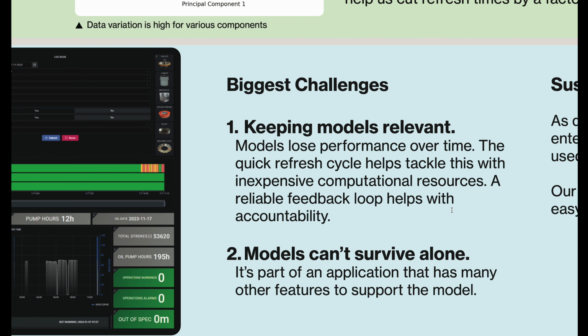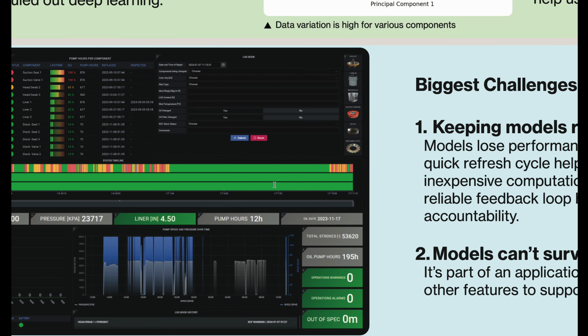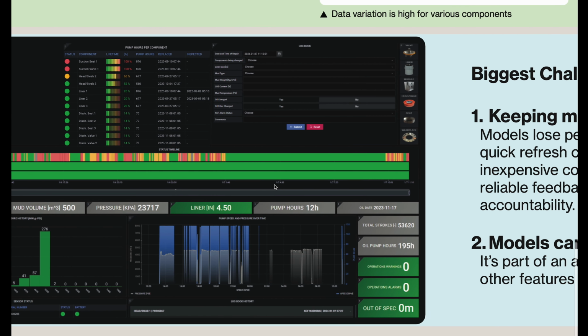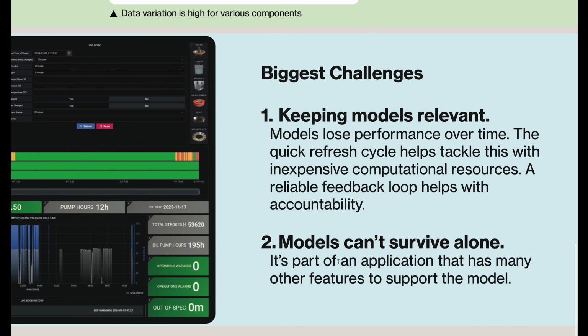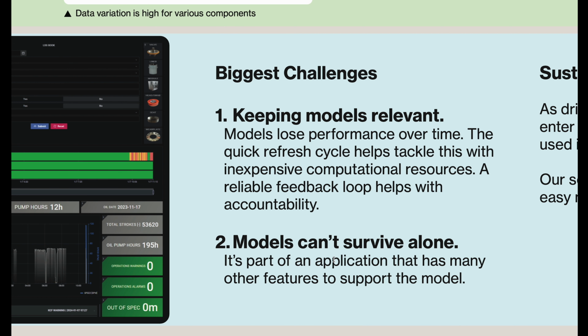Apart from this, thanks to the rest of our tool around it, which is a digital twin, we kept getting feedback from the field, which gave us a very reliable feedback system, and the feedback loop was closed.